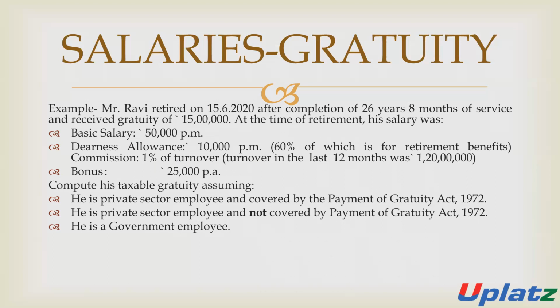At the time of retirement, his salary was as follows. Basic salary is 50,000 rupees per month. DA allowance is 10,000 rupees per month, 60% of which is a retirement benefit.